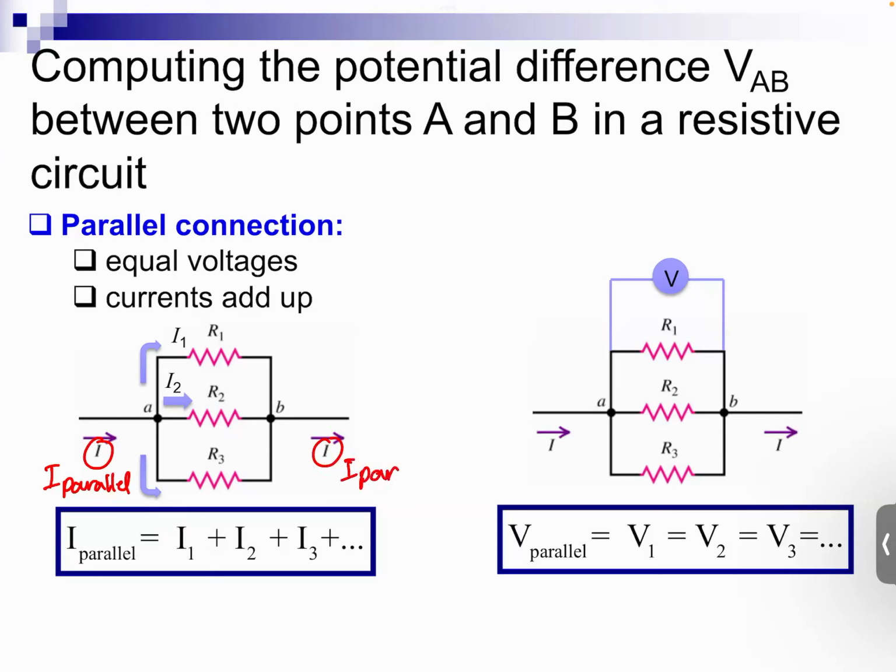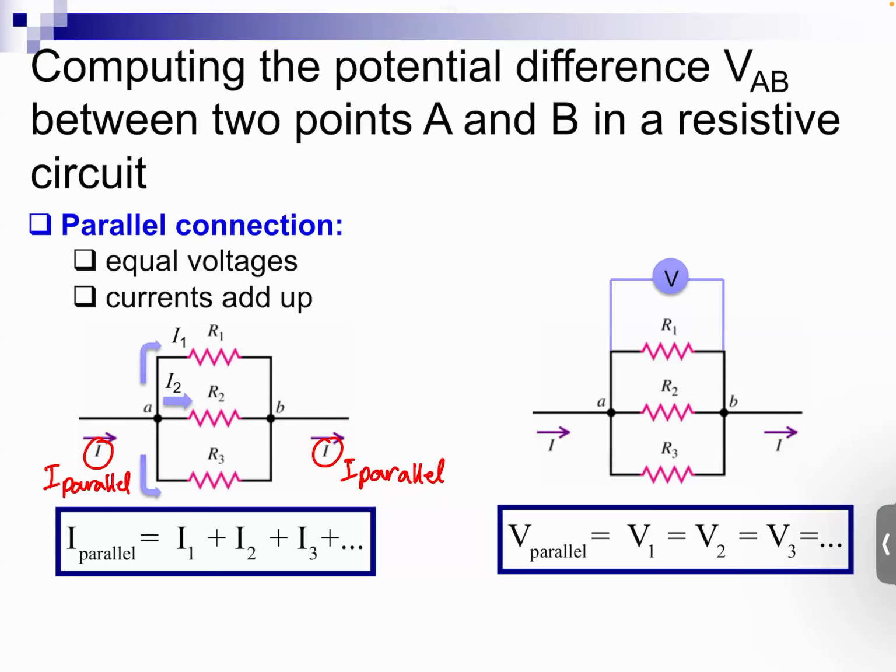Whatever current comes into a junction will divide into the individual currents passing through each of the resistors, but then those currents will combine at the second junction to equal the current that came into the first junction.